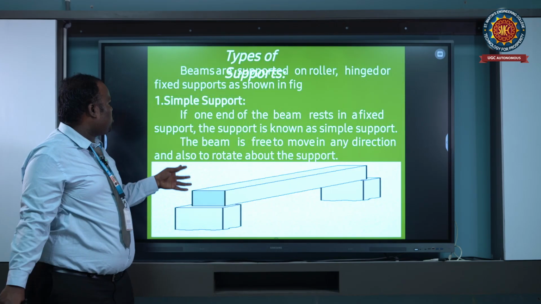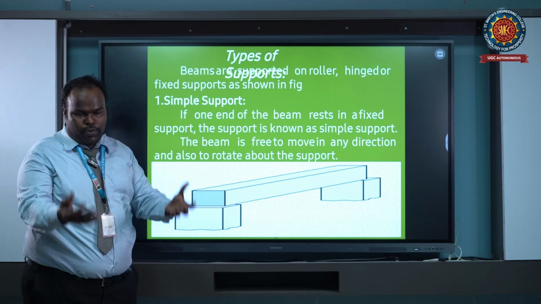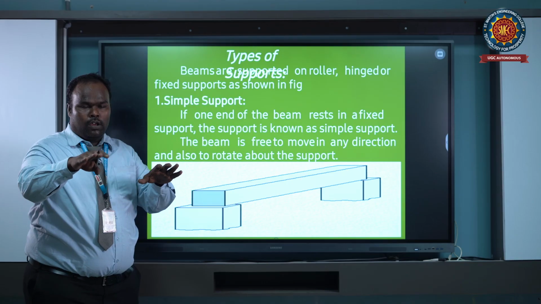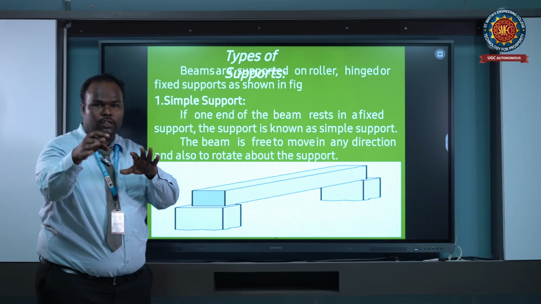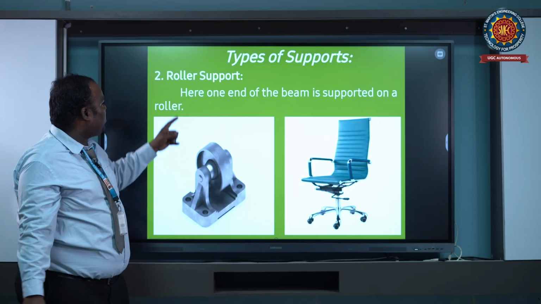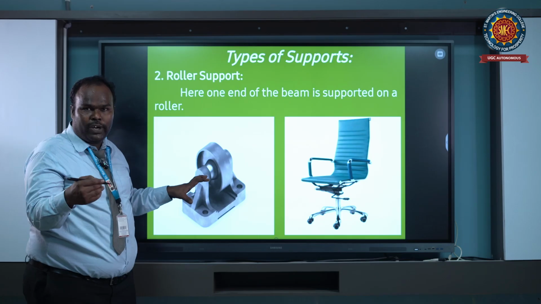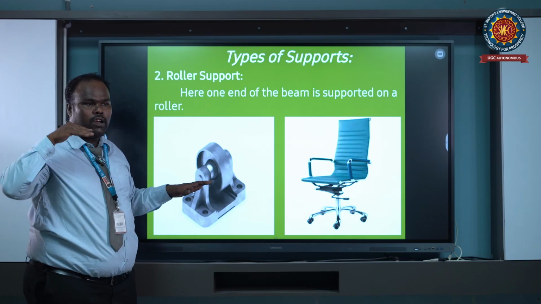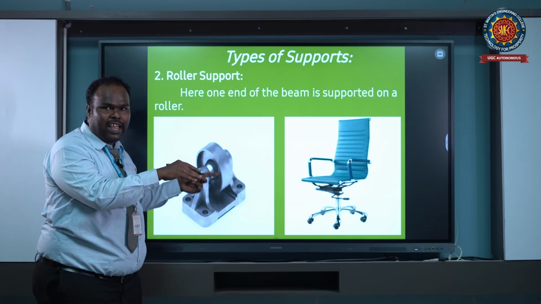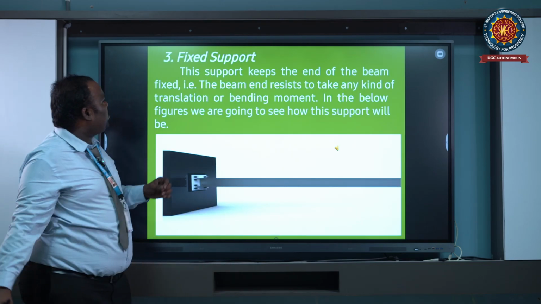Next, the types of supports. First one is simple support. If the beam rests on the supports, it is called a simple support. And next one, roller support. It is the support having roller movement, so it has only horizontal movement. The reaction acts in the vertical direction only. And next one, fixed support.